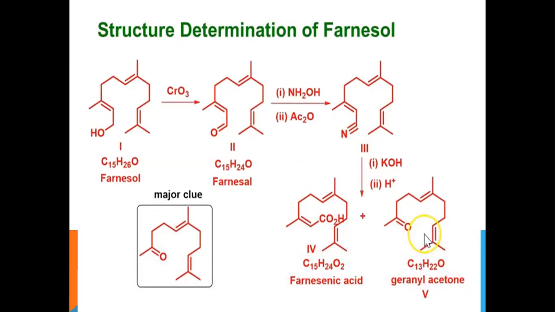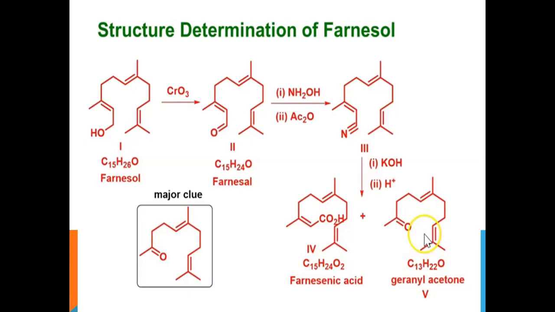All these things can be determined with the help of structural elucidation. In structural elucidation, we allow the compound to undergo various reactions. Based on that, we can come to a conclusion about the structure of the compound.